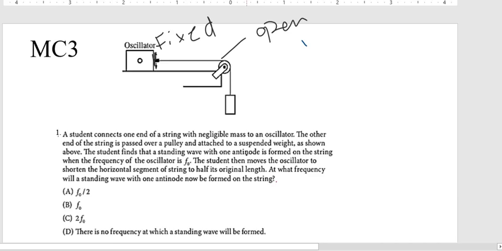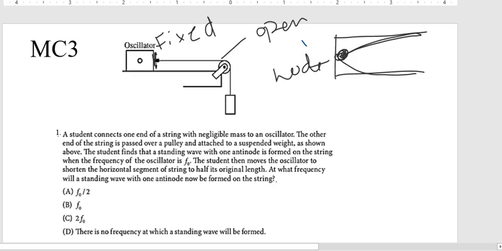So this is like closed-open. You'd know that it starts with an antinode. Sometimes it's easier to draw the tube version of it, but don't do that on free response if it's a string. One antinode means it has one node. A node is where there's no sound, and the largest amplitude is at the antinode. You don't have to draw this stuff, this is just how I think, it might help you.